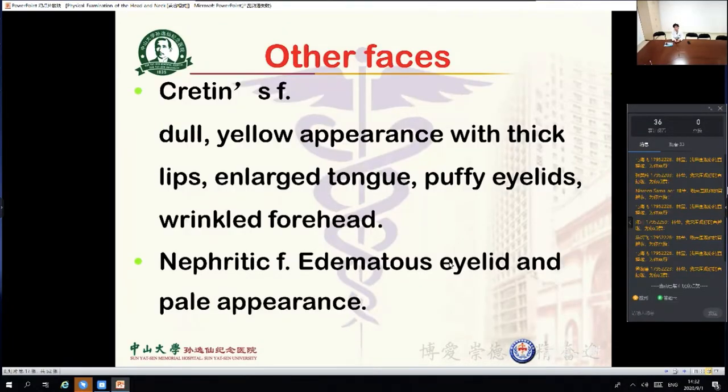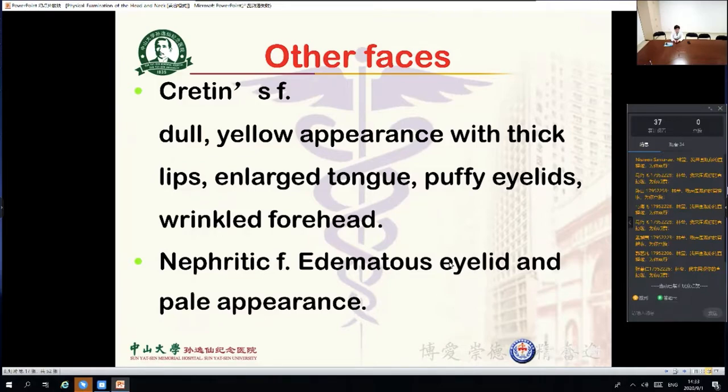The other faces, including Cretin's disease faces, which means dull yellow appearance with thick lips, enlarged tongue, puffy eyelids, wrinkled forehead. And I will show you in the next slide. And then Nephritic faces, which means edematous eyelids, and pale appearance.